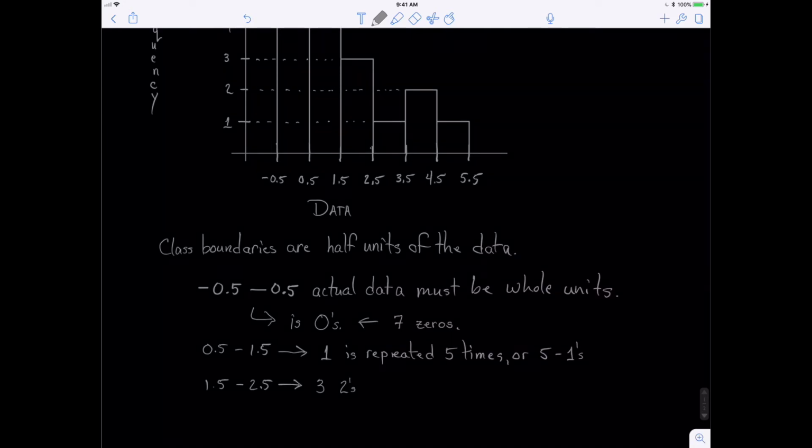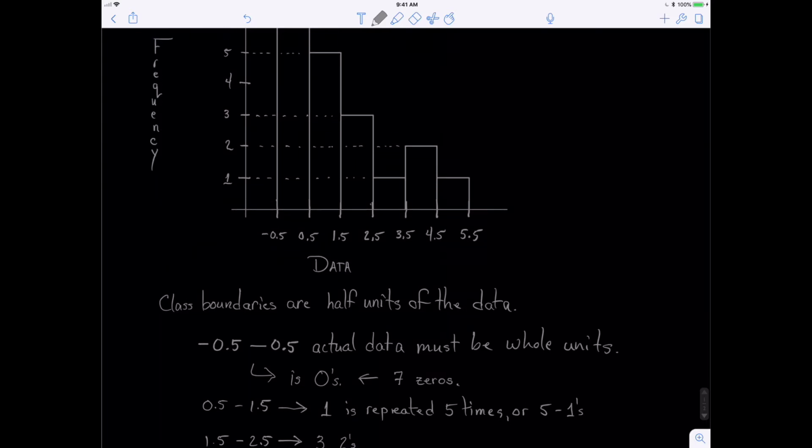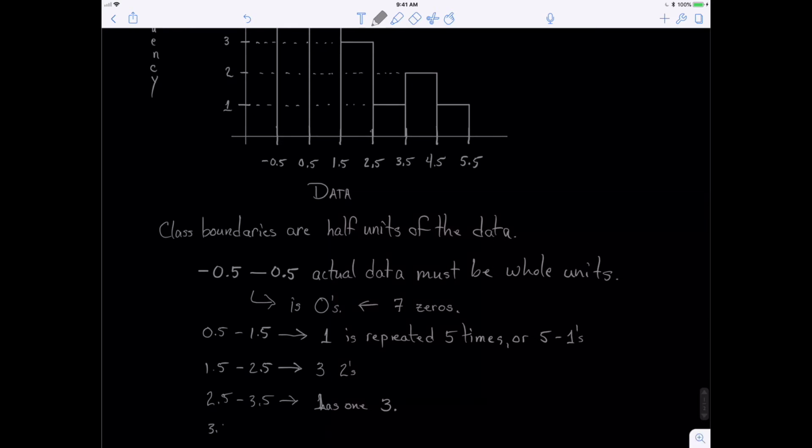And then the next class, from 2.5 to 3.5, has just 1, and it's a 3. Then from 3.5 to 4.5, the only whole number is 4, and so the next data has 2 4's.